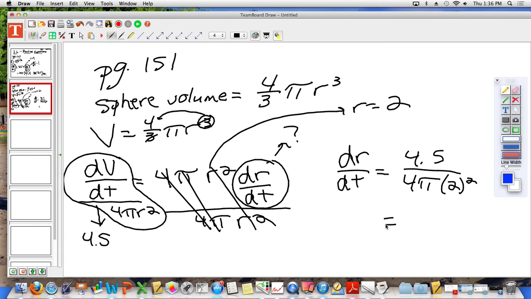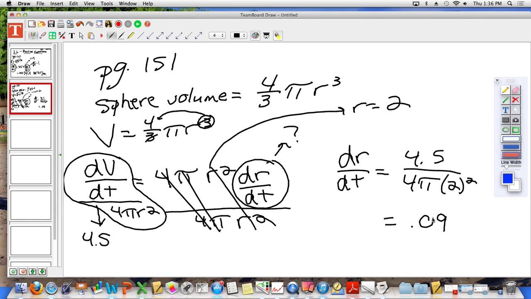The hardest part about this is making sure that you type it into your calculator correctly. Make sure you take 4.5 divided by the quantity 4 pi times 2 squared. In other words, you're dividing by 16 pi on the bottom. So we have 4.5 divided by 16 pi. I believe your answer is like 0.09-ish.